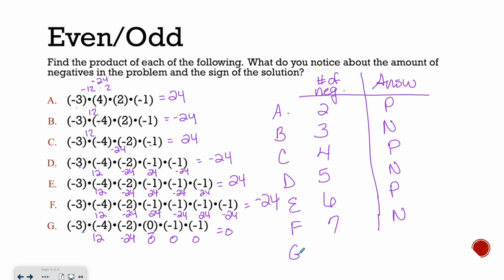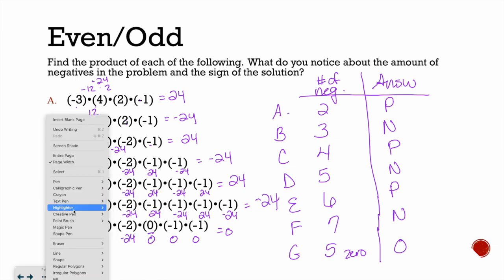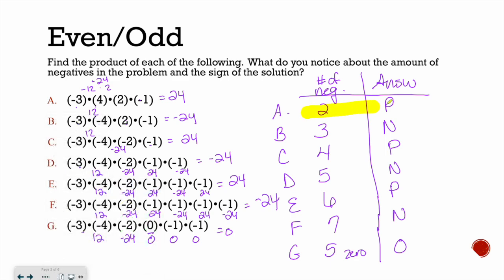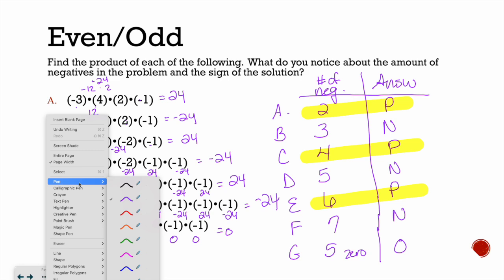Now, letter G, we had 5 negatives, but we also had a 0 in there, and 0 times anything is 0. So for right now, let's just focus on A, B, C, D, E, and F. And what we noticed, I'm going to look at the positive ones. 2, 4, 6, those are even numbers.